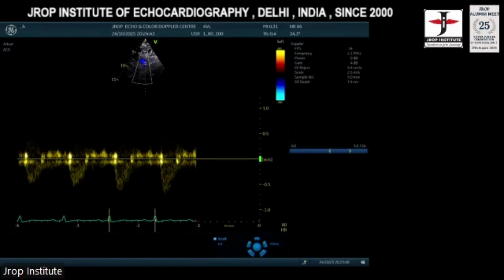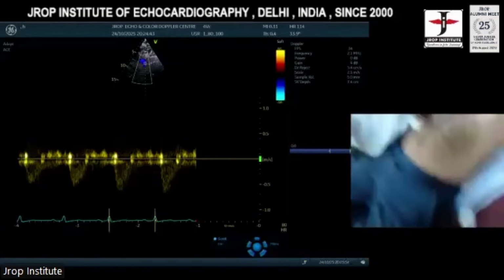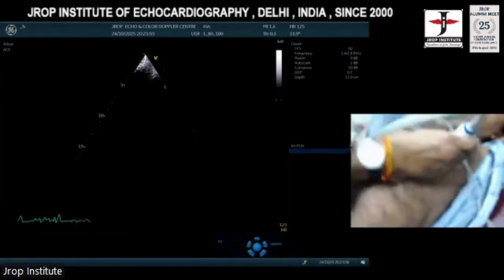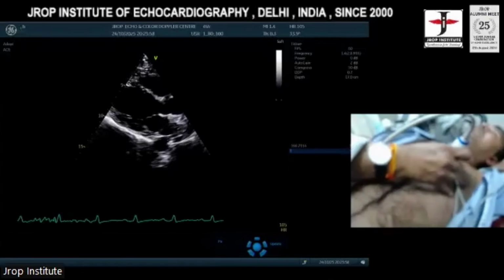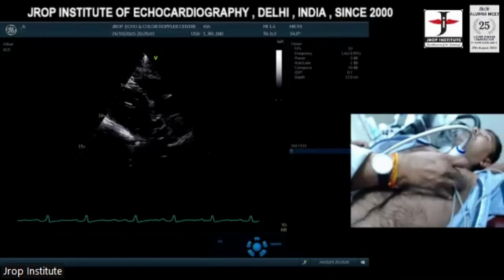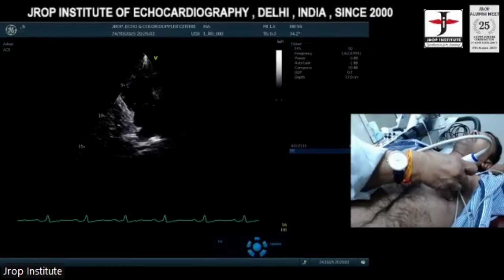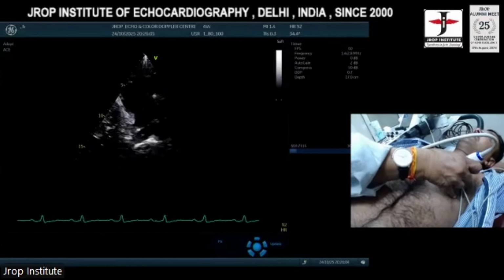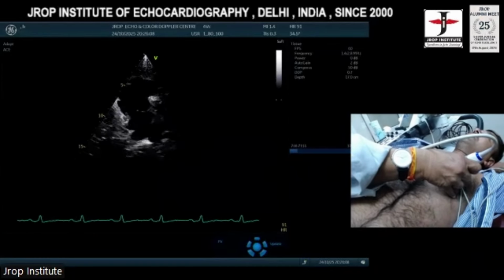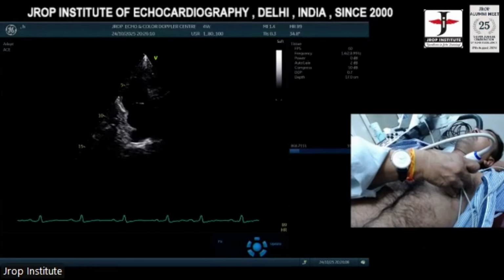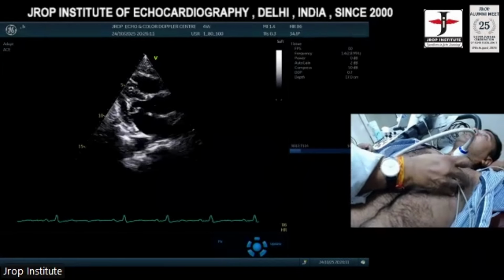Sir, kindly show me once the right ventricular inflow and right ventricular outflow, please. Index marker facing towards mediastinum, from Plaque's view.